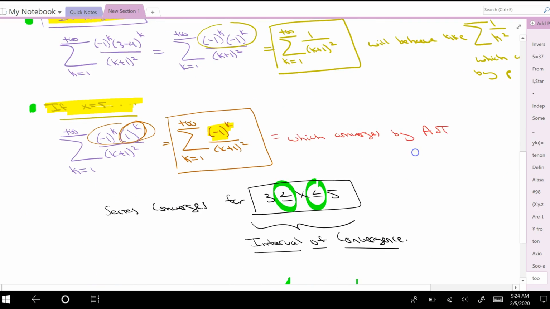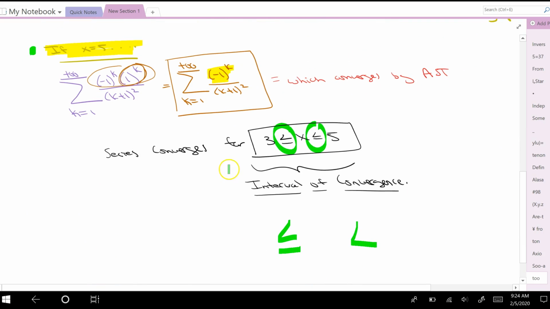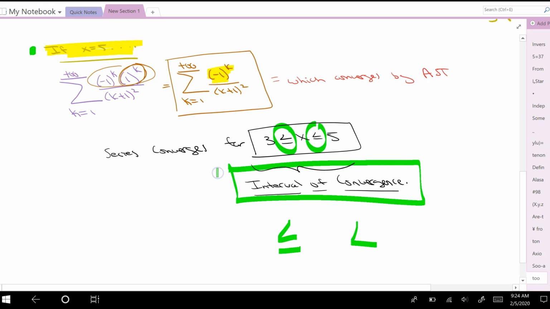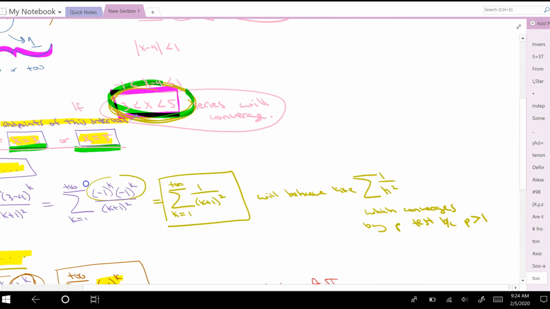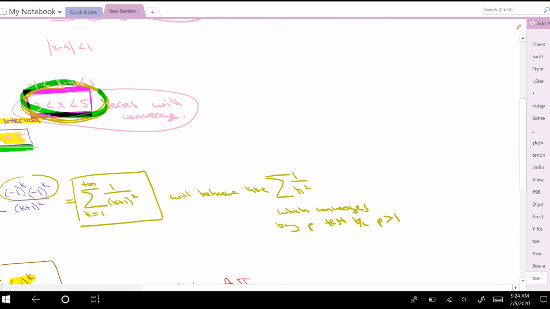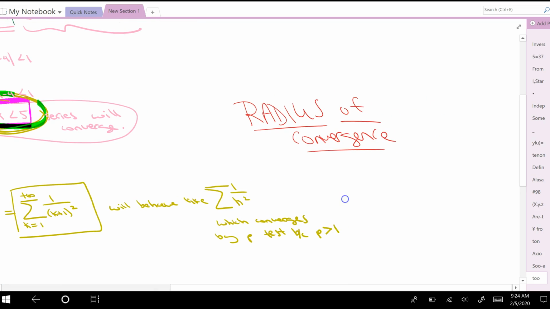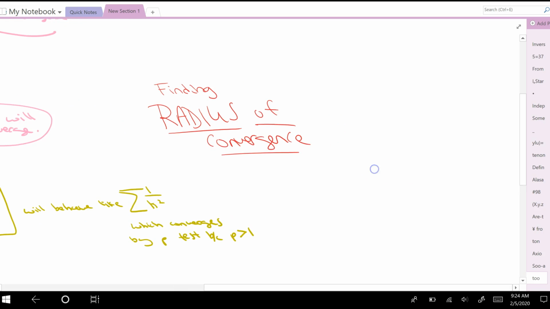When you are asked to find the interval of convergence, you absolutely must check the endpoints. If you are asked to find something called the radius of convergence, this is good news for you. Finding the radius of convergence does not require you to test the endpoints.